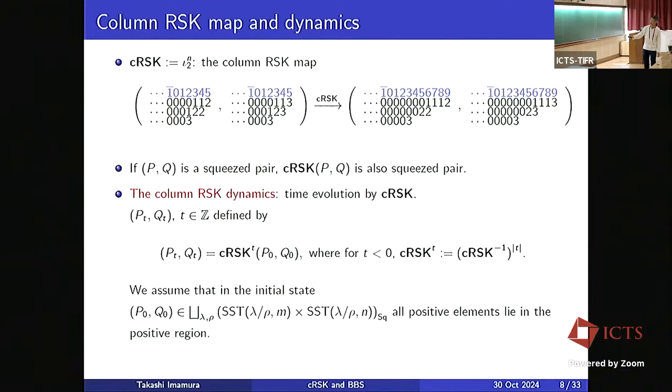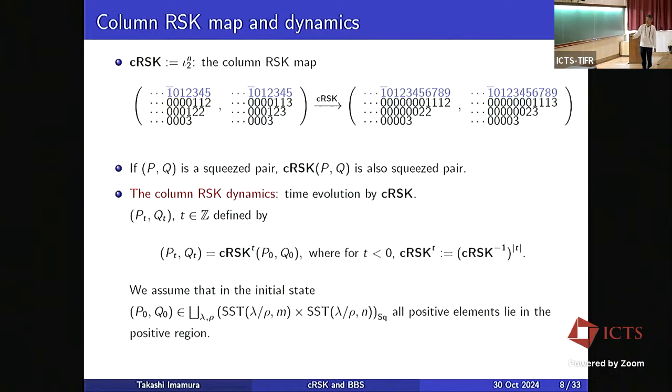There is an important property of the CRSK map. If P and Q form a squeezed pair, which I explained previously, then its image is also a squeezed pair. So CRSK of (P,Q) is also a squeezed pair. That's why afterwards we consider only the action of CRSK on squeezed pairs.